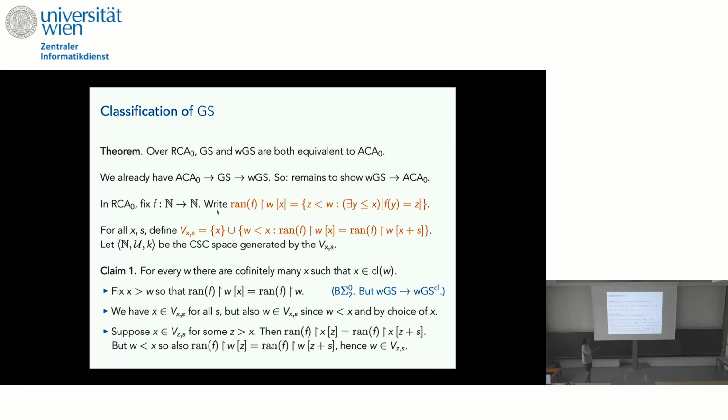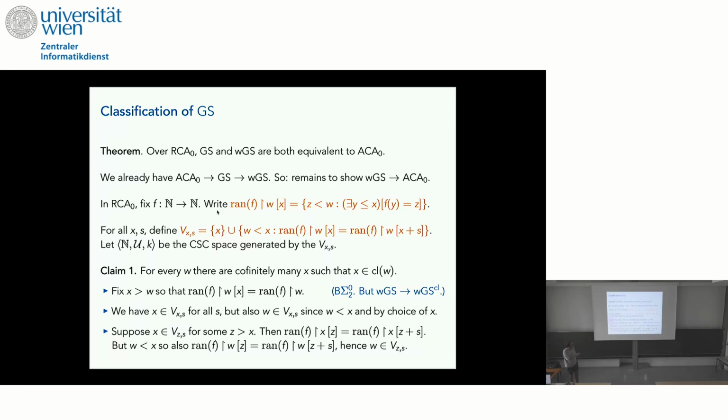We're going to do the same kind of thing. We're going to define some fancy sub-basic open sets. In this case, we're going to set V_{x,s} to contain x, so that x is in there, and then numbers smaller than x. This is important: V_{x,s} can only contain x and otherwise numbers smaller than x, so we'll come back to that later. Such that what? Such that the range up to W does not change between stages x and x plus s.